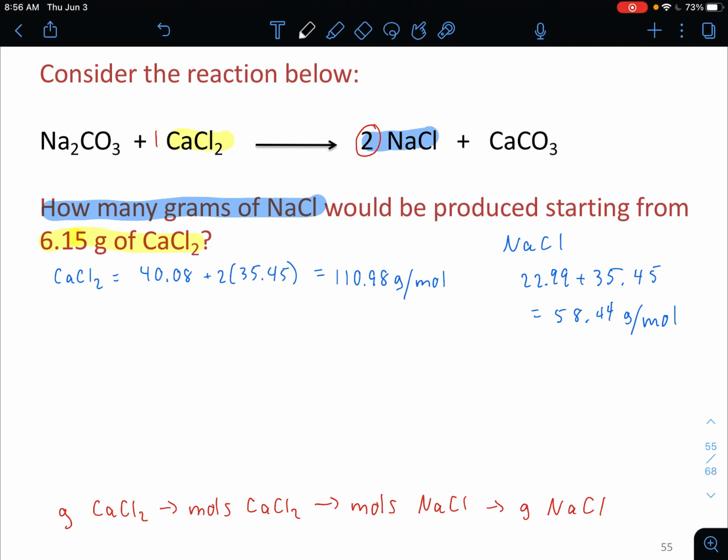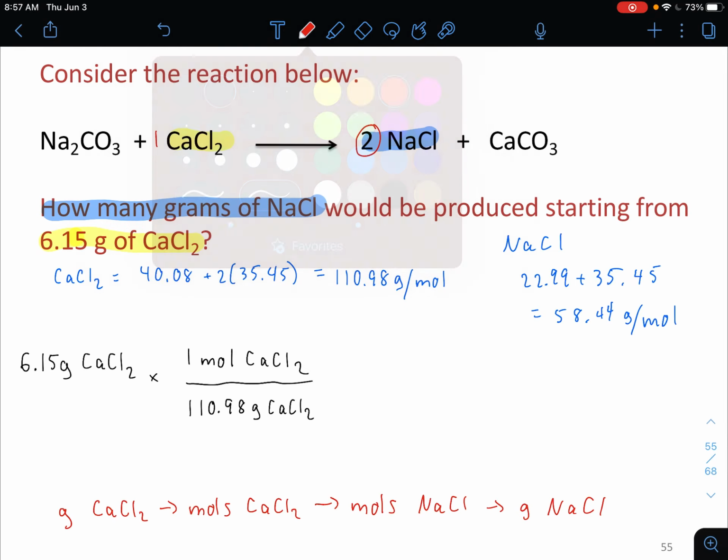I'm given 6.15 grams of calcium chloride, and I want to convert that into moles. So moles will go in the numerator, right? 1 mole calcium chloride, 110.98 grams calcium chloride. So we know we're off to the correct start because grams of reactant have canceled out.